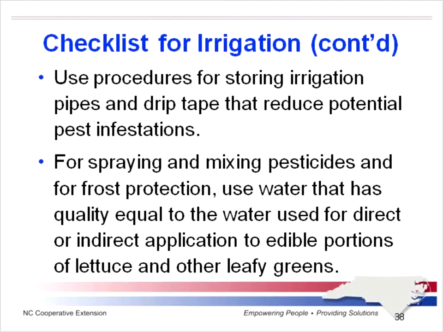For spraying and mixing pesticides for frost protection, use water quality that's equal to the water used for direct or indirect application to edible parts of lettuce and other leafy greens. And we'll talk more about the specifics of those in just a minute.